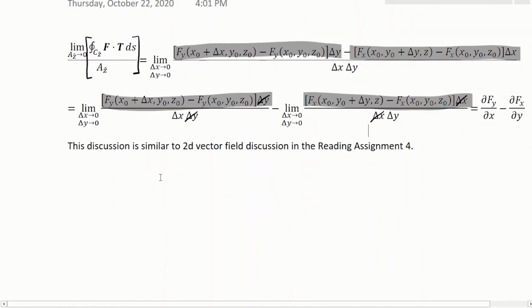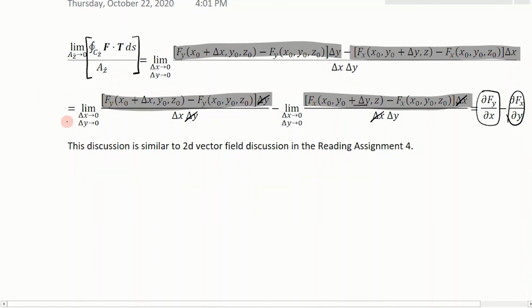And now you'll see that this expression looks very familiar, because this is just the partial derivative of fy with respect to x. And the second part is the partial derivative of fx with respect to y, because you see it's the value at y naught plus delta y minus the value at y naught, divided by delta y. So that's all there is to this question.